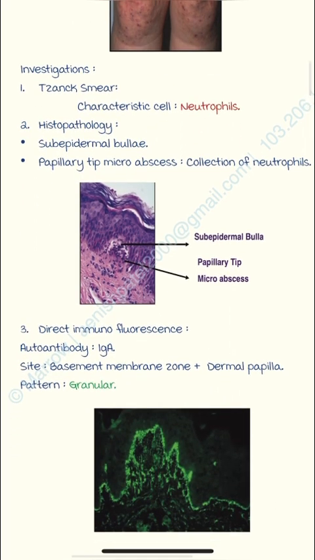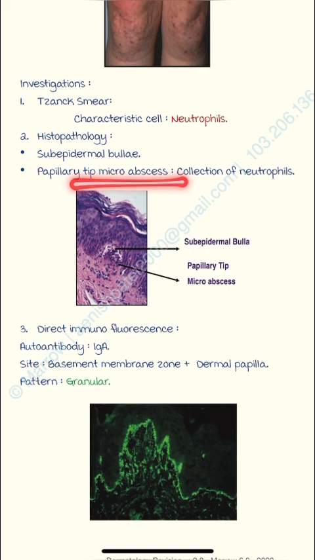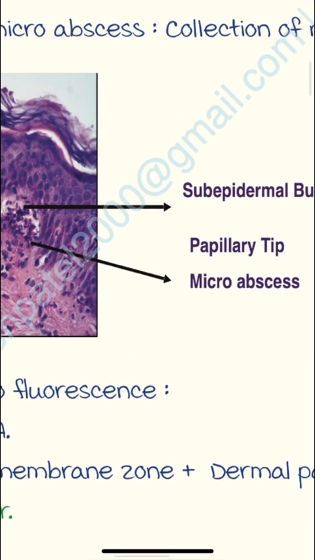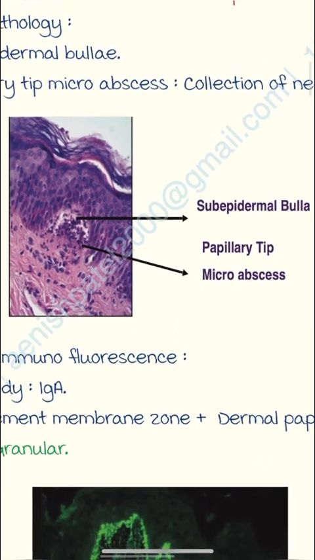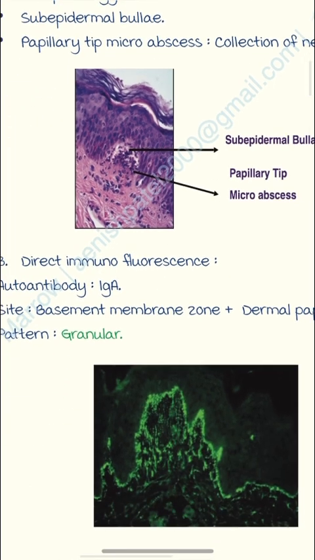On investigation, Tzanck smear shows neutrophils. On histopathology, a subepidermal bulla with papillary tip microabscess is seen, which is a collection of neutrophils. Here is the subepidermal bulla, and this is the papillary tip microabscess.